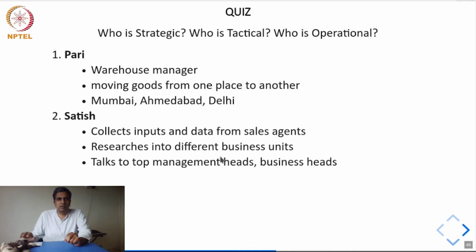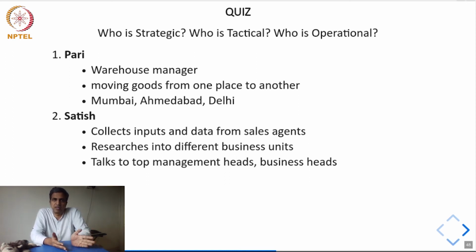The second character is Satish. Satish is mainly involved in collecting input and data from sales agents. There are a bunch of sales agents in his company. His main job revolves around collecting inputs and data from all these field service sales agents. He researches and finds out more about their different business units, not only sales.